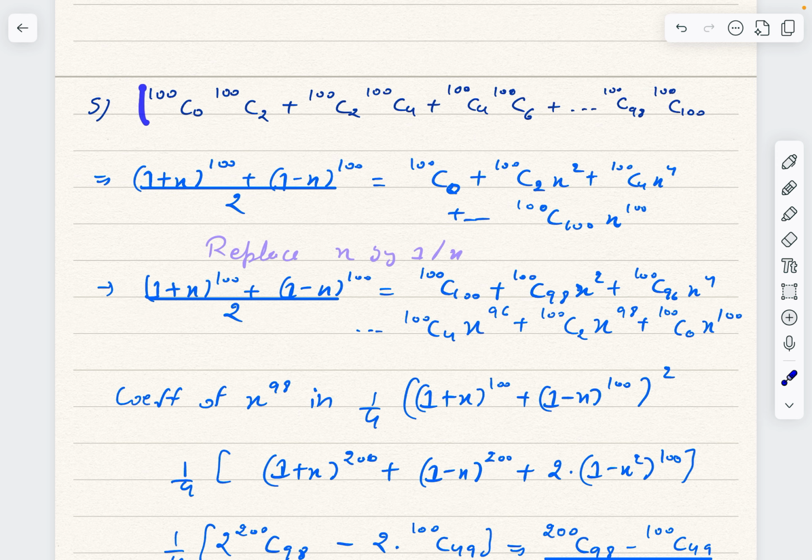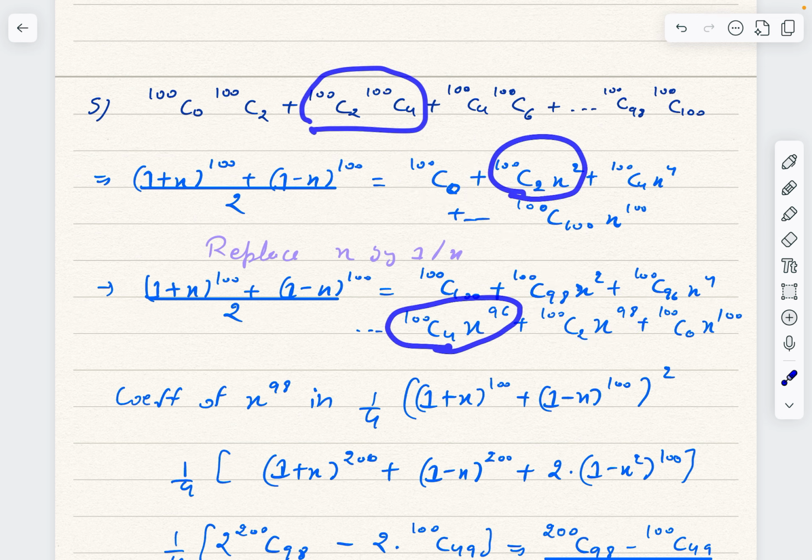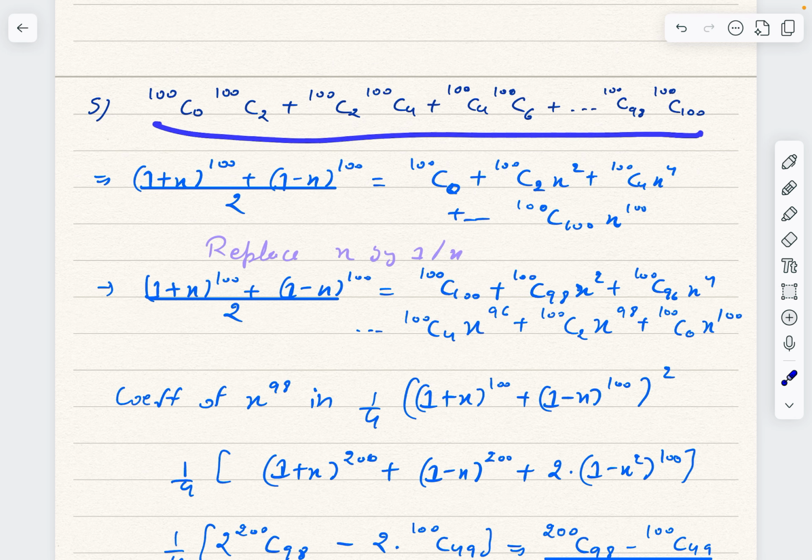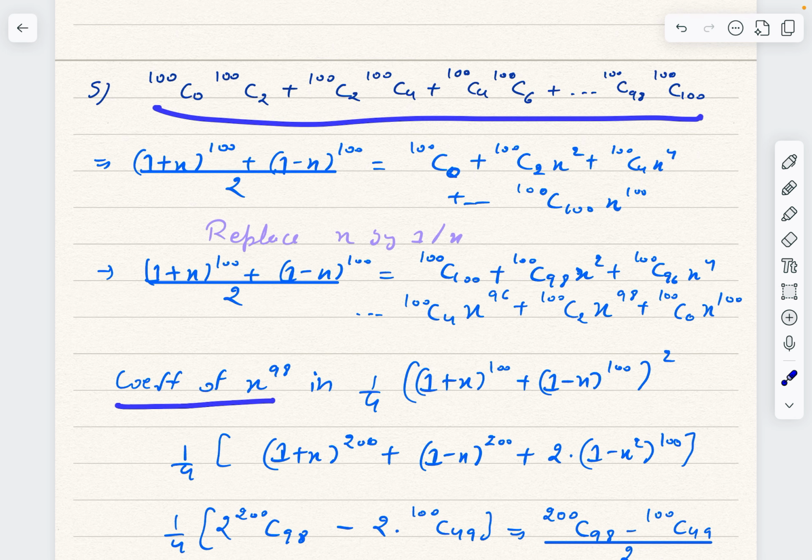Now, if you want 100C0 and 100C2, see 100C0 and 100C2, when you multiply these two, you get x power 98. Next, 100C2, 100C4, again, you get x power 98. So the given series will be nothing but coefficient of x power 98 in the product of these two.